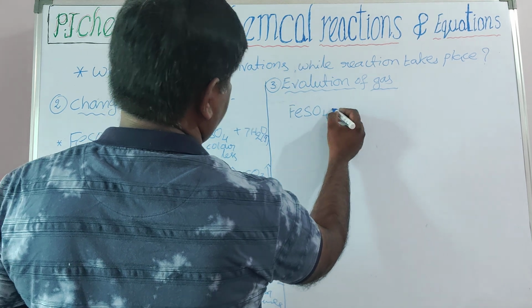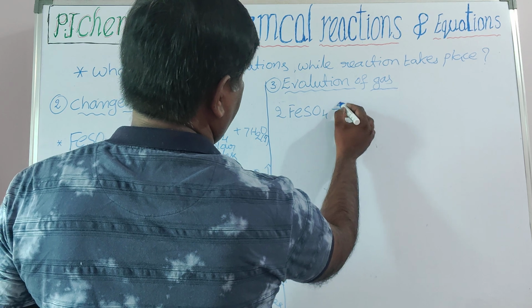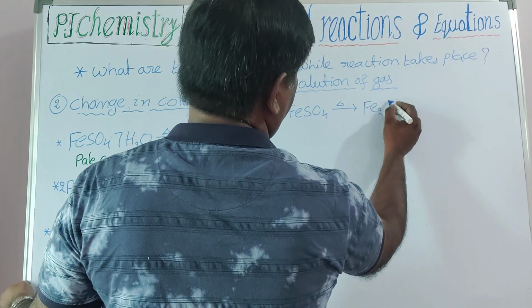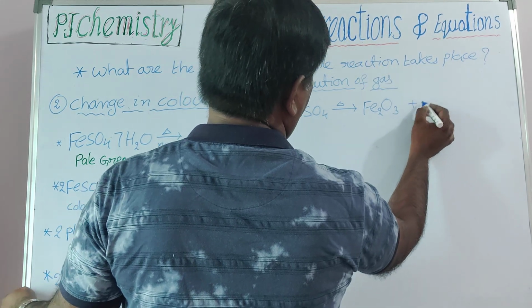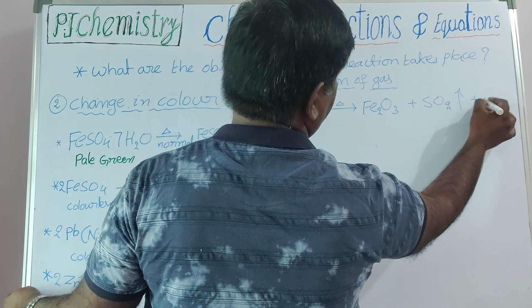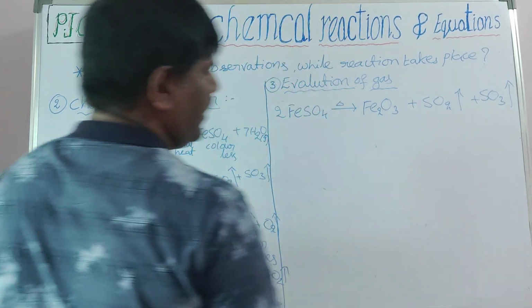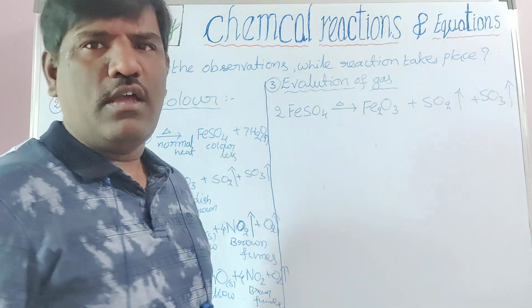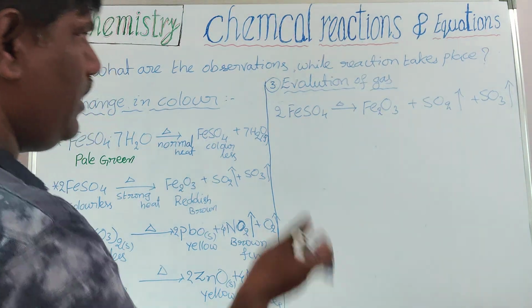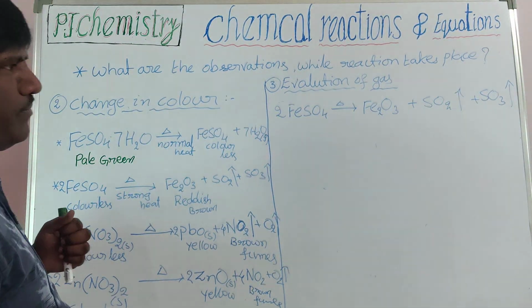Ferrous sulfate under strong heat decomposes into rust and two gases, SO2 and SO3, sulfur dioxide and sulfur trioxide, which give a sulfur burning smell. While liberating, we get that smell, though both are colorless gases.